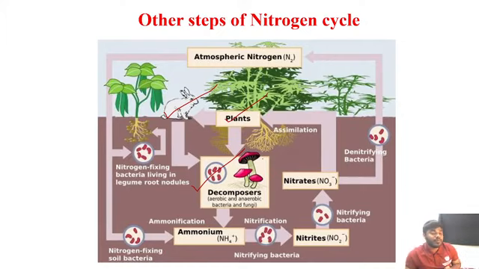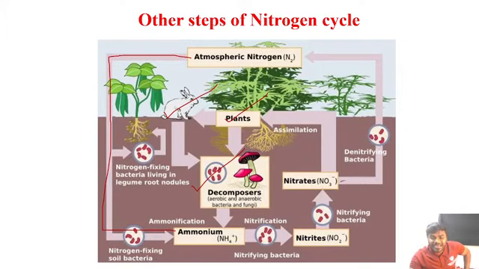Friends, from where have we taken the nitrogen? We have taken the nitrogen from the atmosphere actually. Is it? So friends, we have to send this atmospheric nitrogen back to the atmosphere. So what are we doing now?